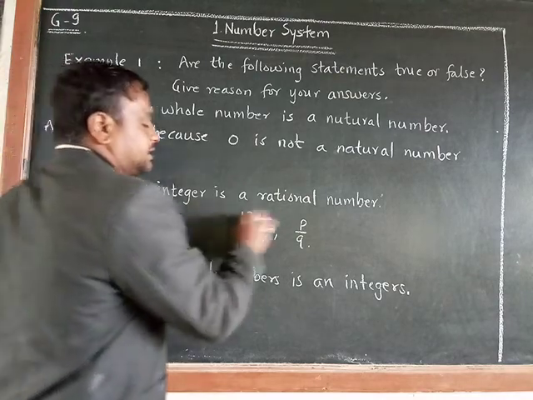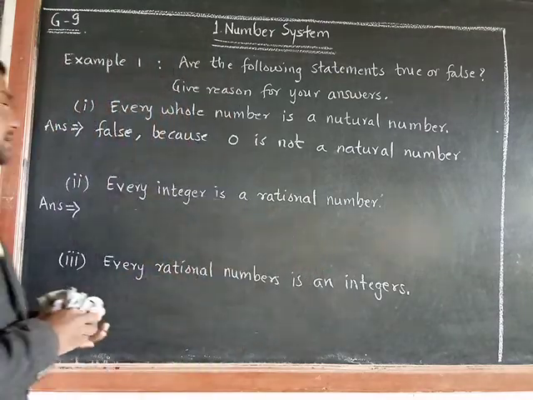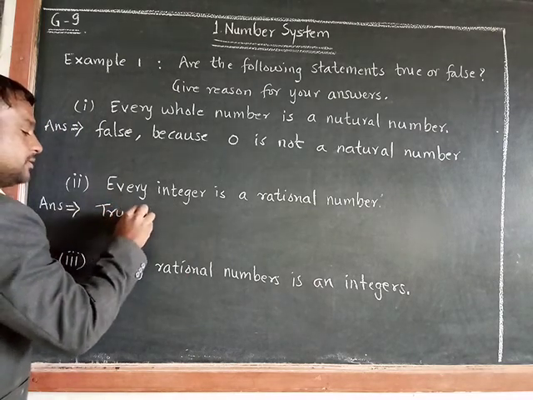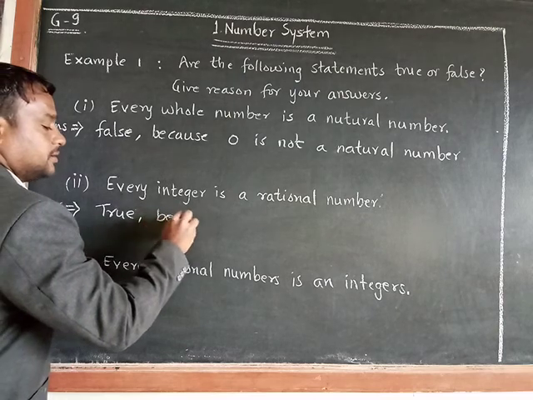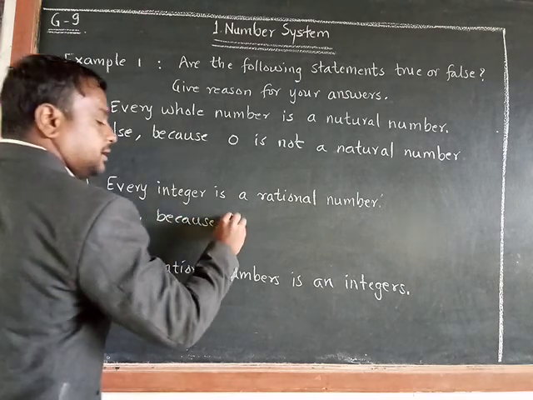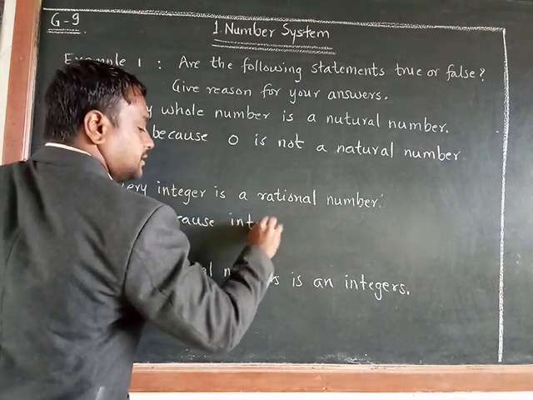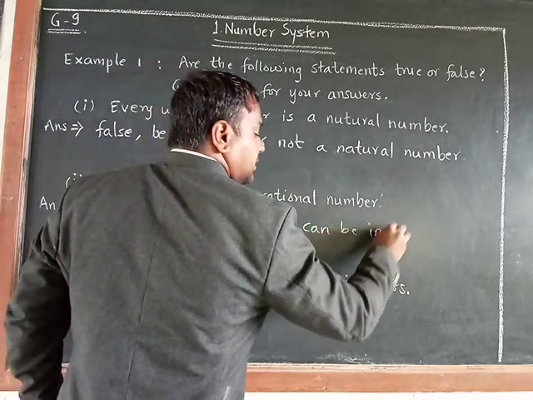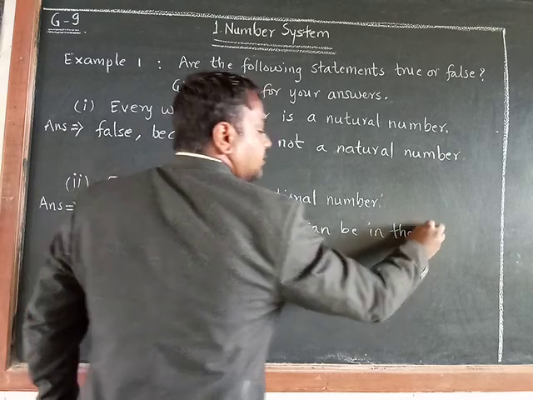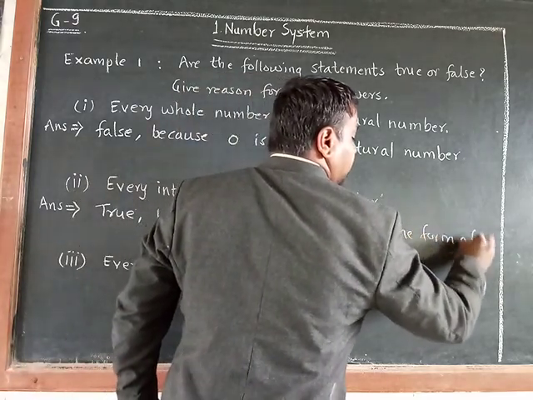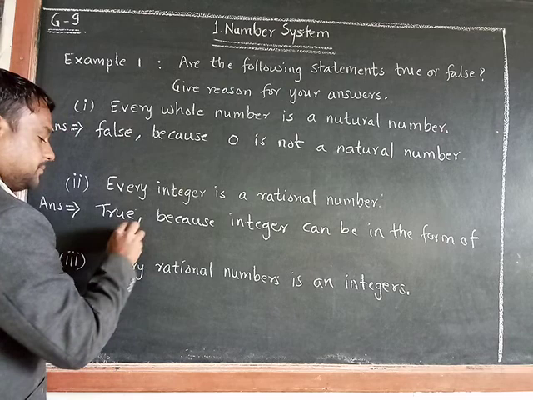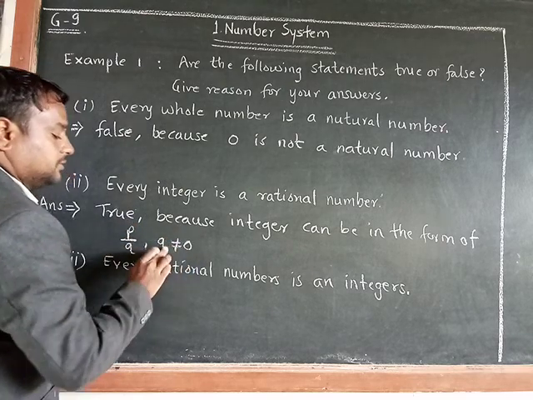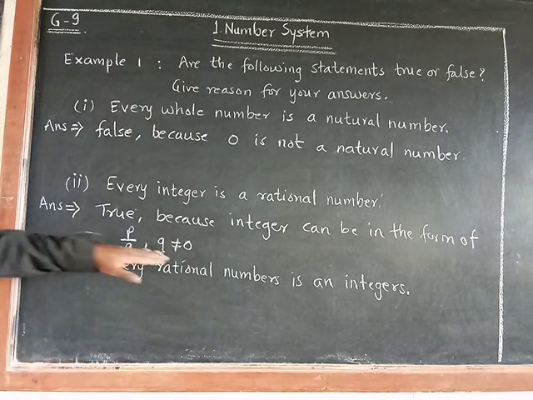So we can write here that the statement is true because an integer can be in the form of p upon q, where q is not equal to 0.